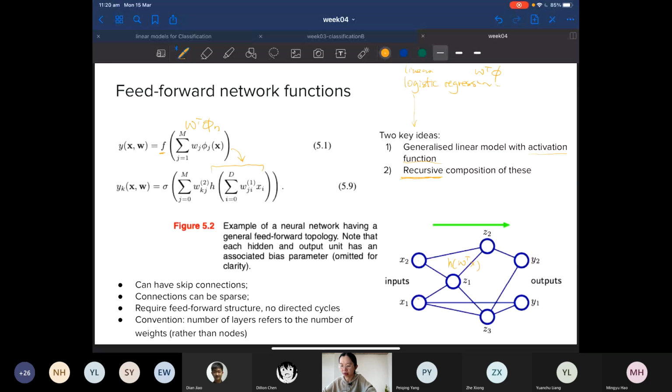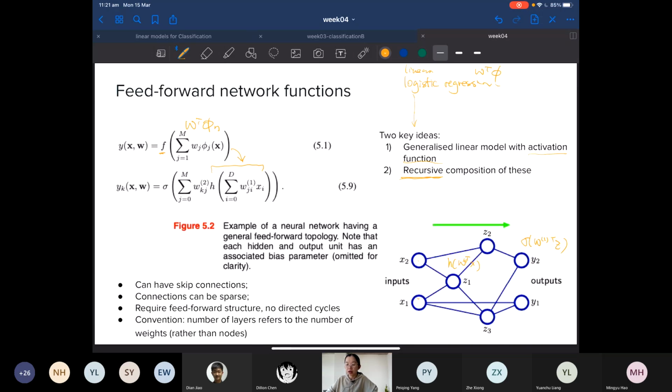And then there are three intermediate nodes, z. Each of the y's are essentially sigma of some other weight vector, the second layer, transpose z. Okay, I'll label this as first layer weights. So this picture basically summarizes the recursive composition.